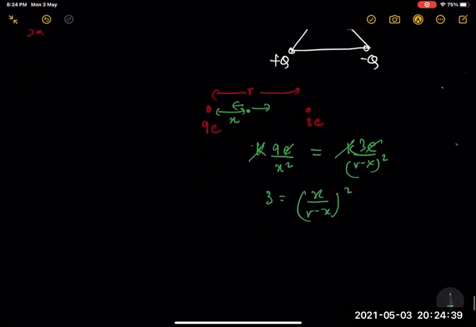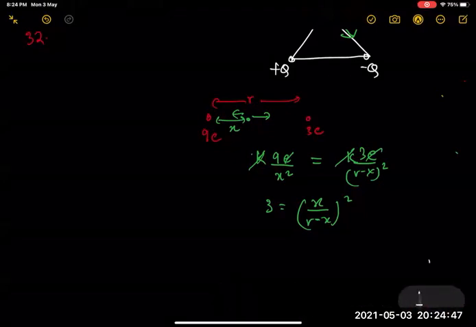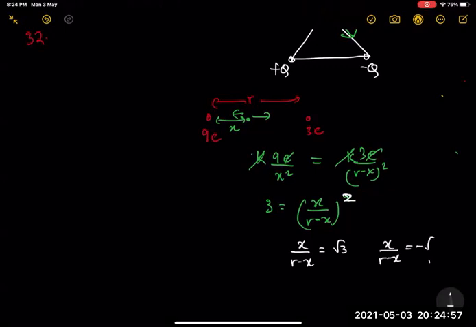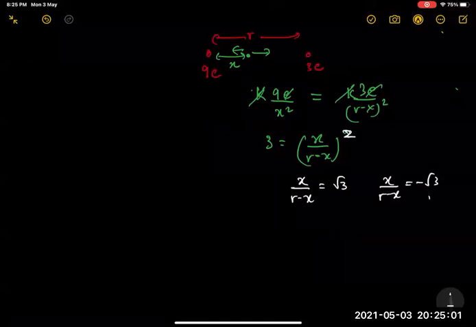Okay. So now, how to solve this? See, this is a square, right? And this is 3. So what you do is you say either X by R minus X is equal to root 3 or X by R minus X is equal to minus root 3. Fine. Math is fine. Now you solve it.